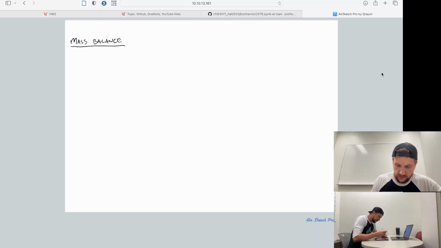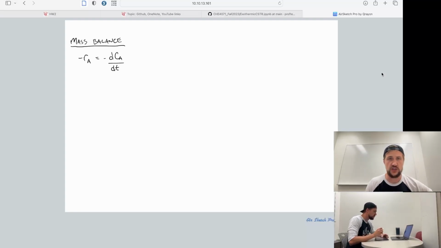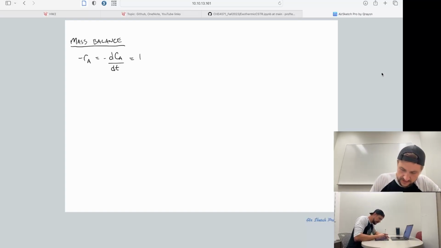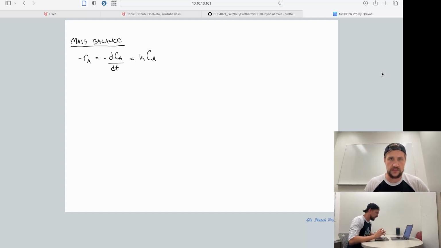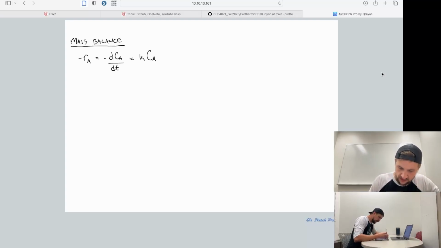With the mass balance equation, we are dealing with a couple of things here. One is the fact that our rate equation is for an irreversible first order exothermic reaction, so we see that the concentration of A is changing with respect to time as a first order equation. This is how A is going to be changing over time for our reaction rate.